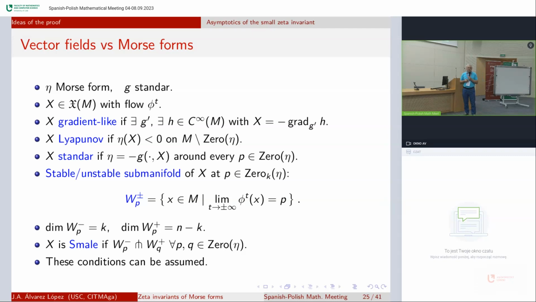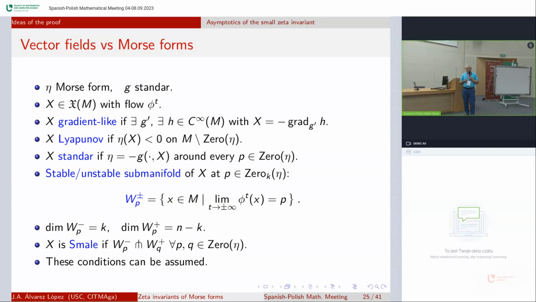So we are going to use vector fields following the work of Stephen Smith. So take a vector field with flow denoted in this way, phi t. It is said that the vector field is gradient-like if it is minus the gradient of some function with respect to some metric, no matter which function or which metric.